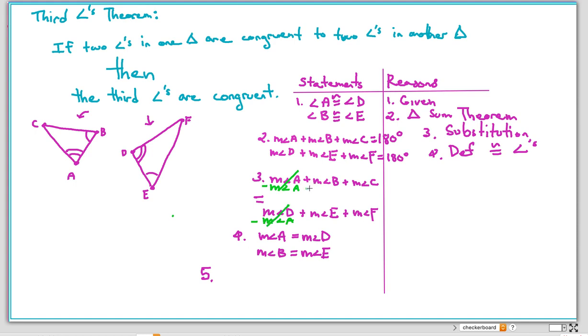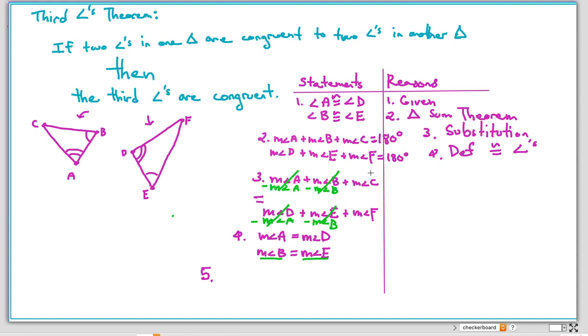And if I subtract the measure of B on both sides here, that's going to be 0 over here. And I'm going to subtract the measure of angle B over here. And if you see this, B is the same value as E. The measure of angle B is the same value as the measure of angle E. So when I subtract, this is also going to be 0.